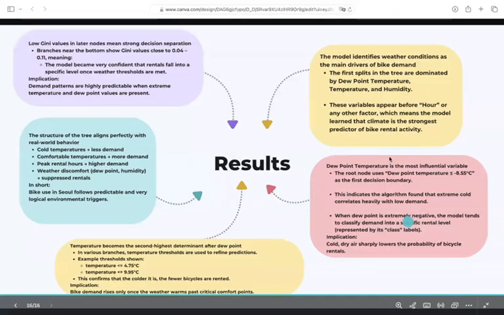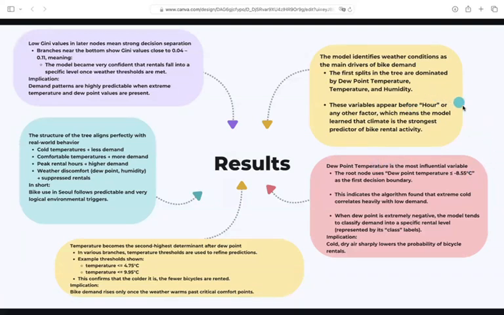We can see at the end that this model helps us identify the splits. At the hour point, we can see that the dew point and the temperature are the most influential variables in order to get these results. The model uses the dew point when the temperature is equal to or less than 8.55 degrees as the first decision boundary.